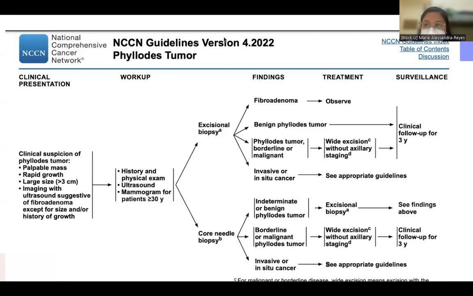This means that surgical margins of greater than or equal to 1 cm are excised. Otherwise, if there is only a benign tumor or a fibroadenoma result in the biopsy, this only warrants surveillance.